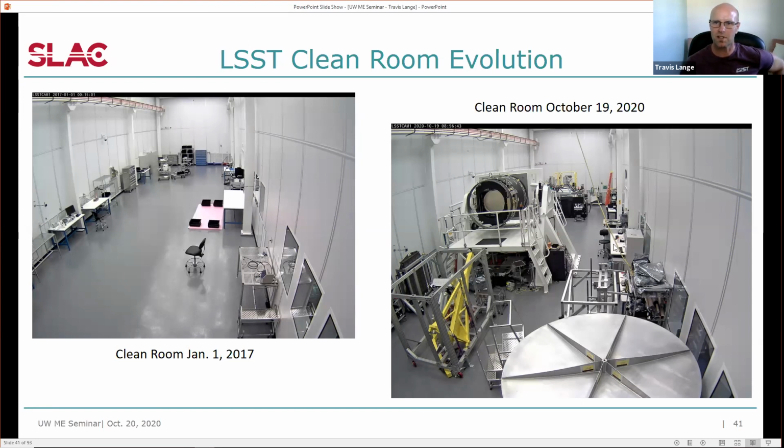This was captured just a couple days ago. You can see the camera body itself is mounted on this big stand up here. This stand allows us to rotate the camera about its axis, and also to change its elevation angle by rotating it about a horizontal axis here.